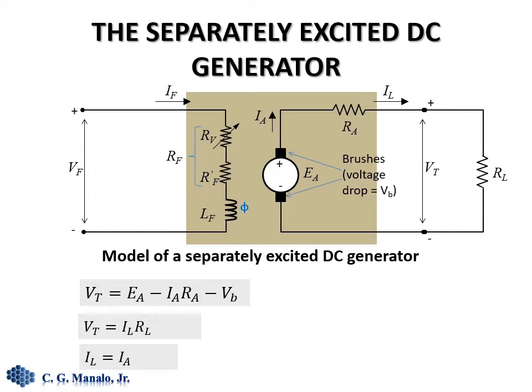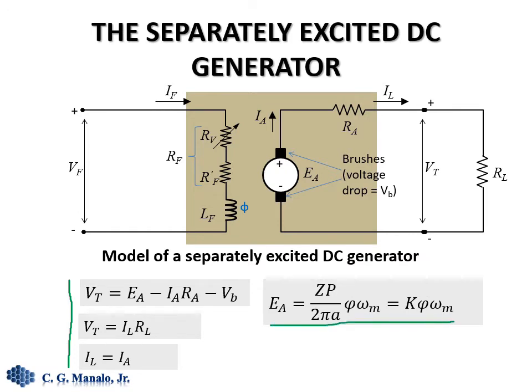These are the KVL equations, and take note that EA can be expressed as this formula here that we got from our introduction of DC machines. And for the field circuit, this is the KVL equation.